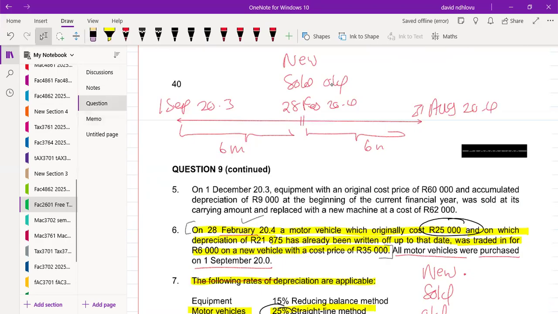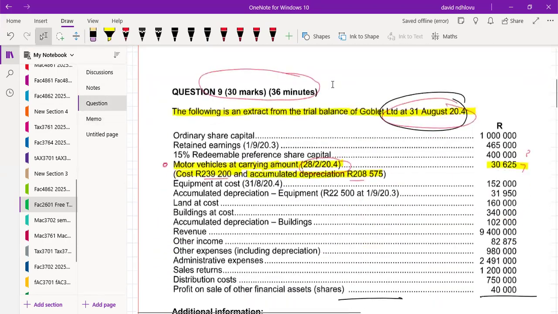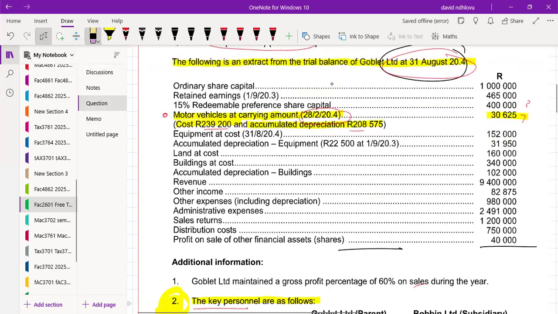The first thing that you check here is, has depreciation already been accounted for? The answer is a big yes, because they say other expenses include depreciation. So our figures here have taken into account the changes in our motor vehicle during the year.